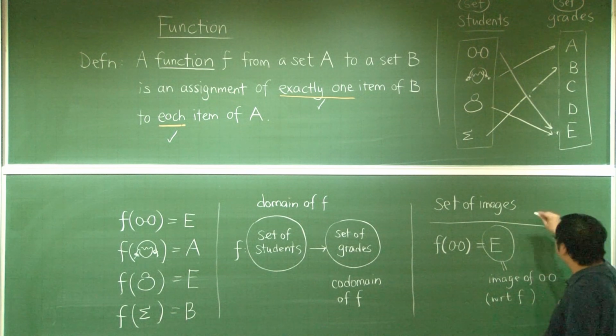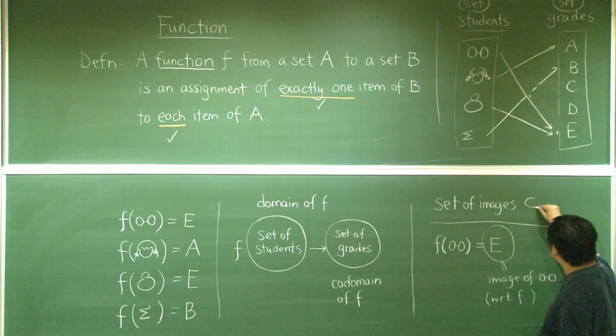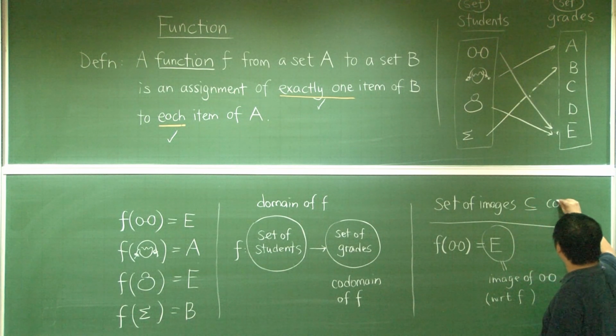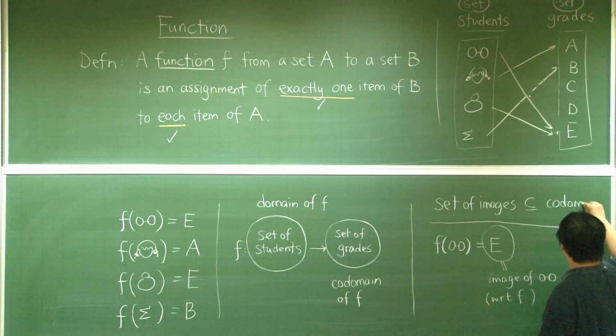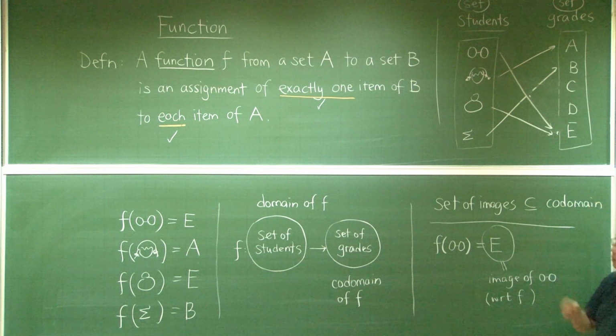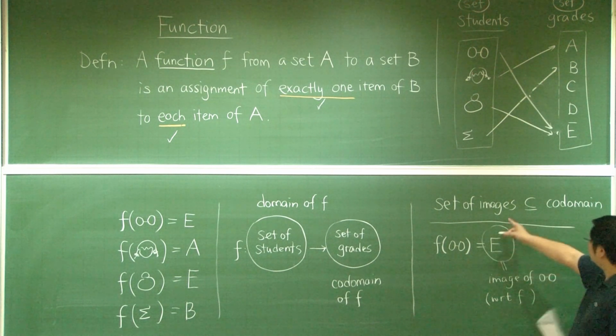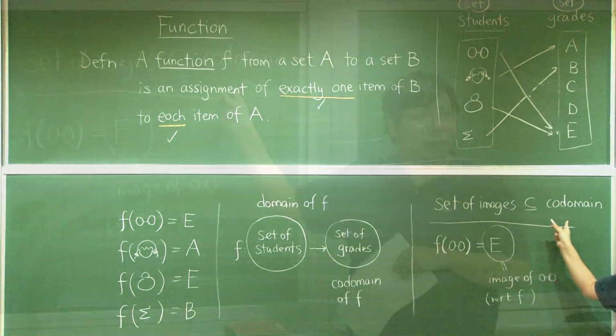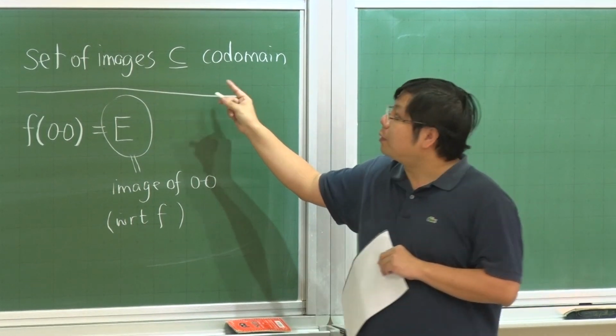So the set of images will always be a subset of the codomain. Am I correct? If we just focus on values that really correspond to the image of somebody in the domain, then this set has to be a subset of the codomain.